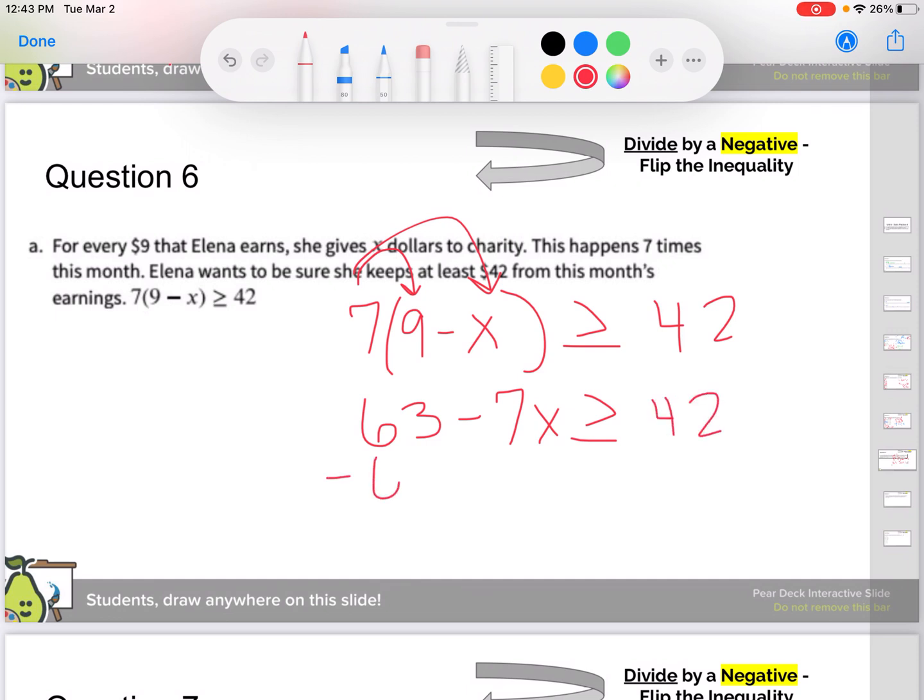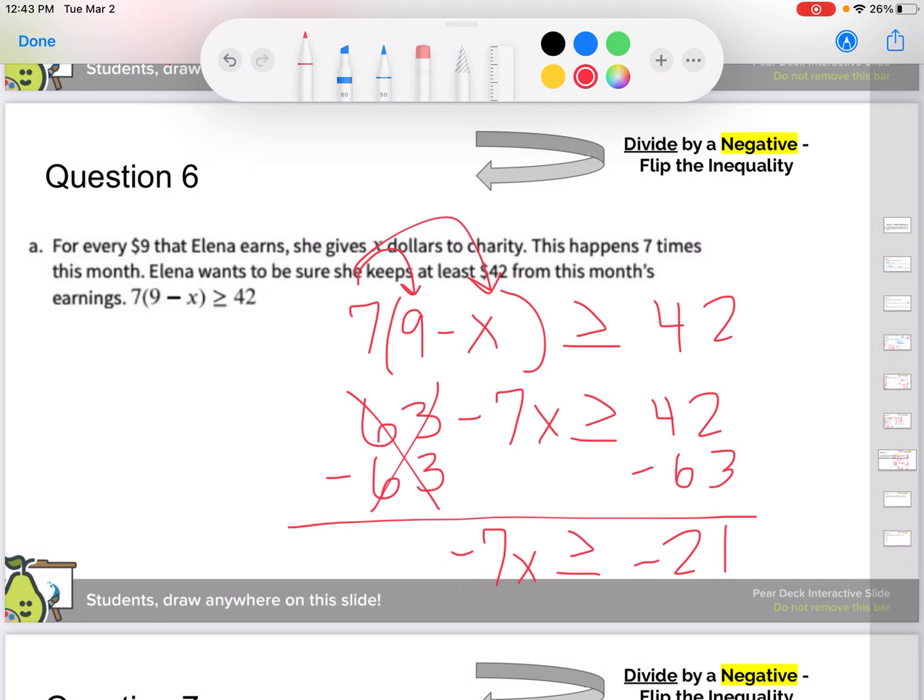So I'm going to subtract 63 on each side. It's going to be okay that I'm going to end up with a negative here. So I get rid of my 0 pair, and I have negative 7x is greater than or equal to 63 minus 42, 21, and it's going to be a negative because the sign of the larger absolute value is negative. So then remember, when you divide by that negative 7, you flip the direction of your inequality.